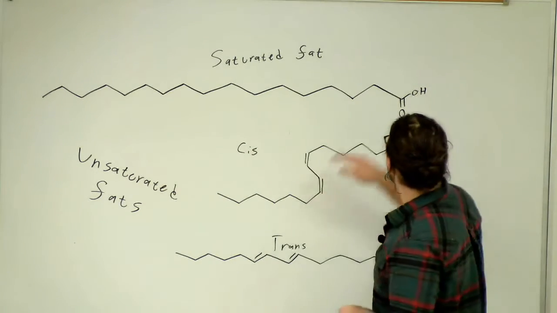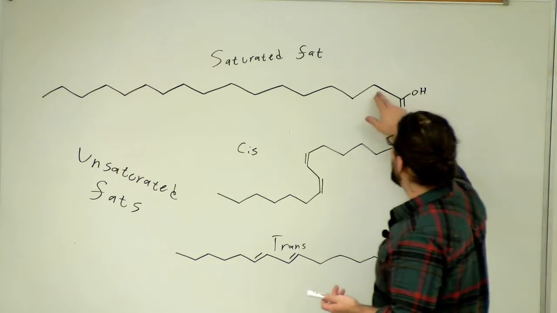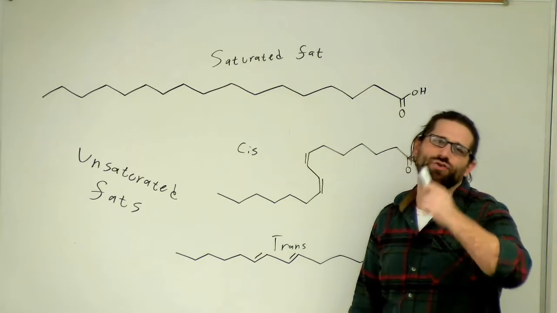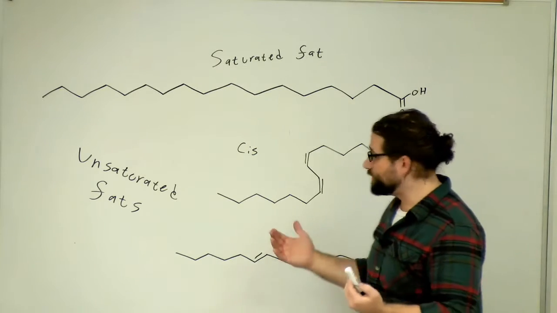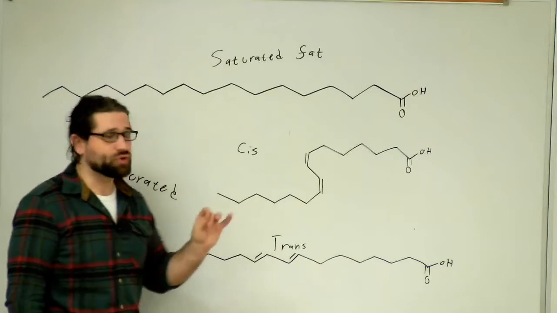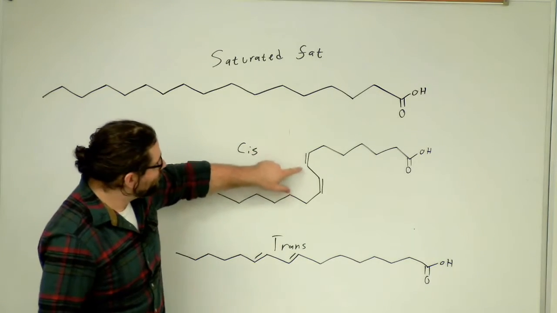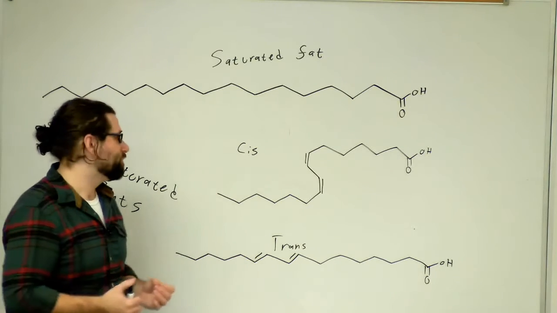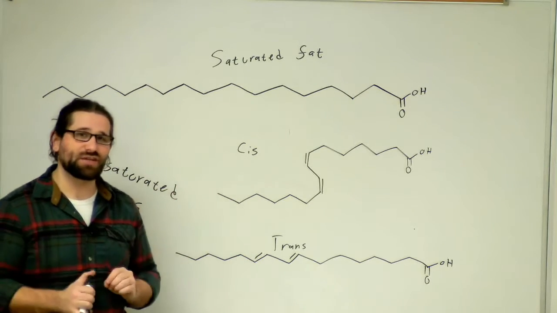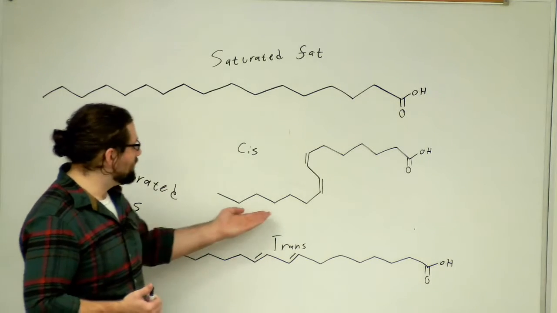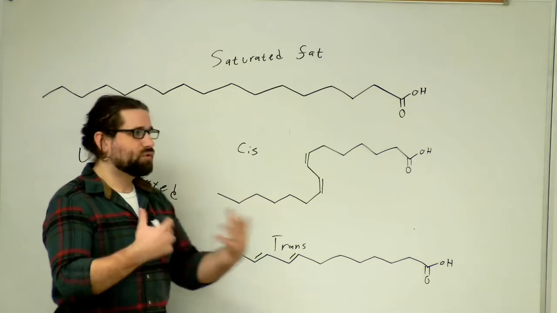Saturated fats are simply carbon chains that have no double or triple bonds, and so every carbon is fully saturated with hydrogens. An unsaturated fat has somewhere a double or triple bond, and so these carbons are not fully saturated with hydrogen. That's what saturated versus unsaturated fat means. And it really comes into play on how much energy this molecule can provide.